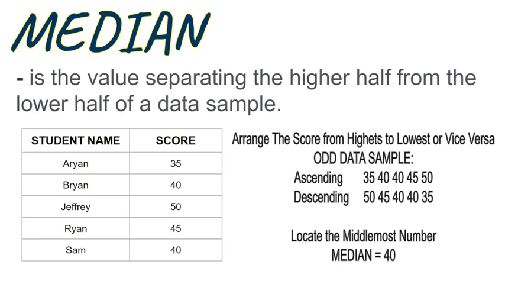And take note, in this particular example, we were able to get the median easily by visual inspection because the data sample that we have is odd. There are two numbers in the lower half, and there are also two numbers in the upper half, so of course there will be one number that will always be at the center.